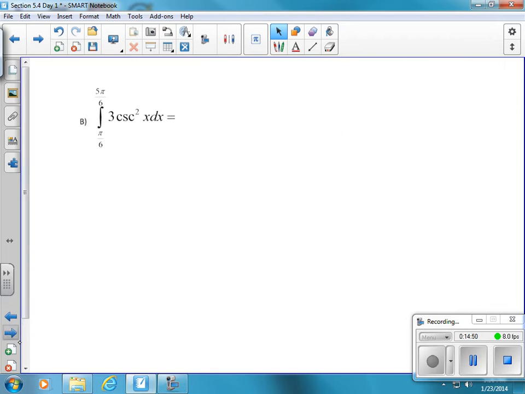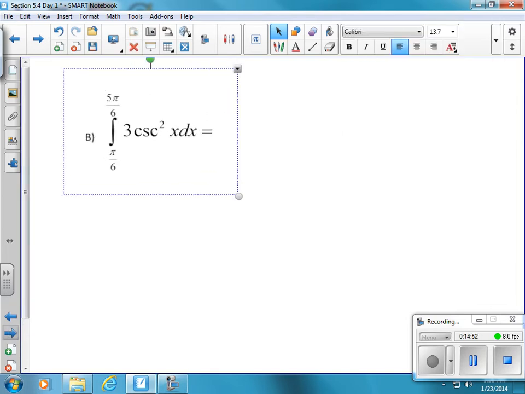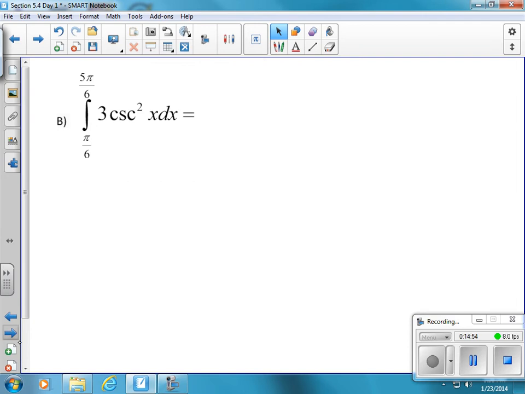All right, let's try this same process here. We're going to find the antiderivative at 5 pi over 6 and subtract the antiderivative at pi over 6. Well, first of all, we've got to know the antiderivative of cosecant squared. Because we have memorized all of our antiderivatives, we know that it's negative cotangent x.